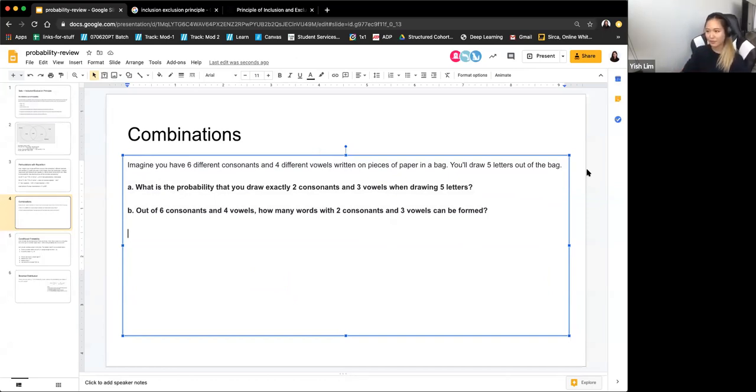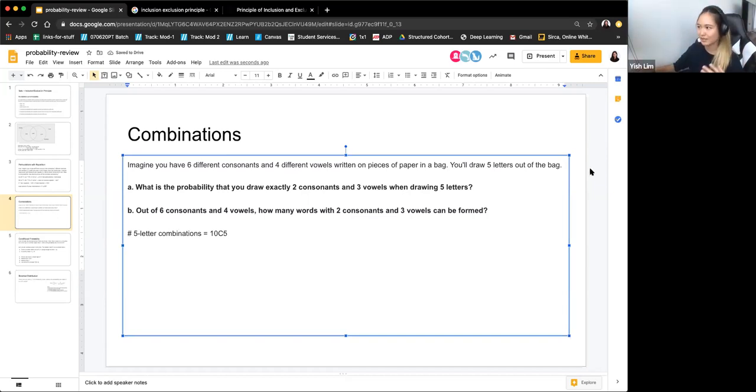That's actually really straightforward. Number of 5-letter combinations, regardless of what the letters are. It could be all 5 consonants, it could be 4 vowels, 1 consonant, it could be 3 consonants, 2 vowels, 2 consonants, 3 vowels. Any 5-letter combination, number of 5-letter combinations is equal to 10 choose 5.